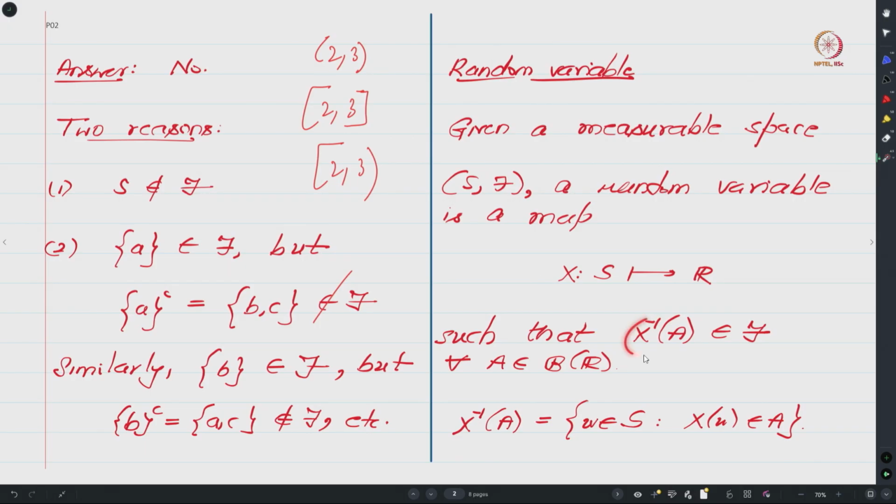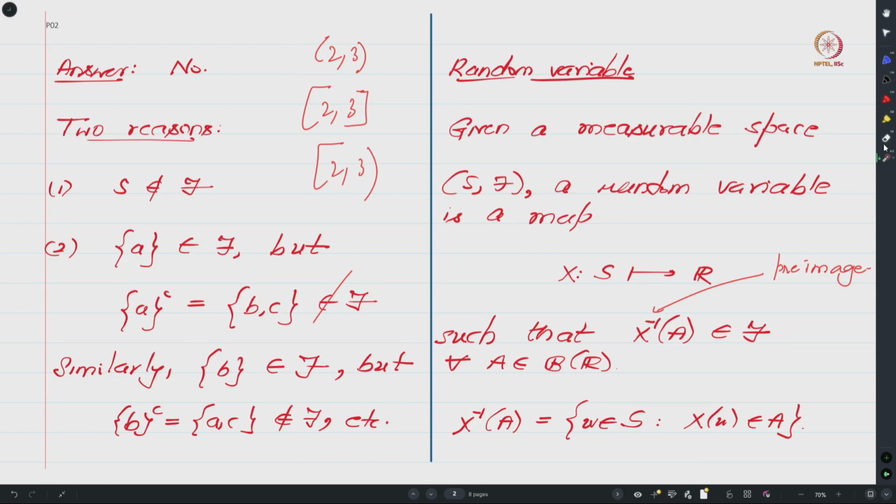However, here when we are saying inverse, we actually don't mean the inverse of the function, but rather what we mean here is the pre-image. So let me write it over here. This is the pre-image. So what do I mean by pre-image? For any subset A of R, X inverse A is the collection of all omega in S such that X of omega belongs to A.